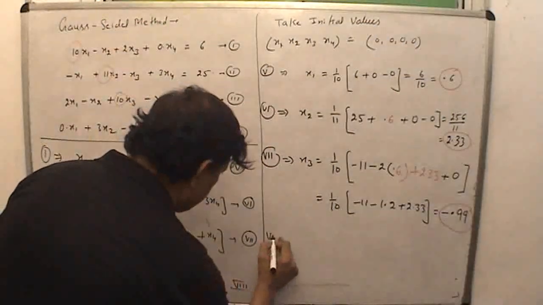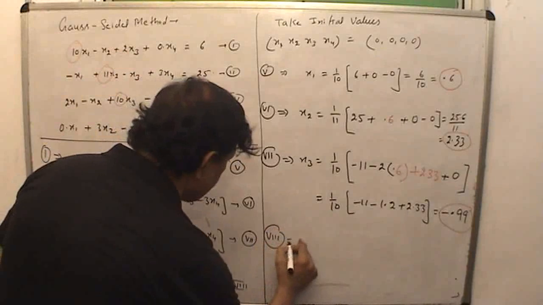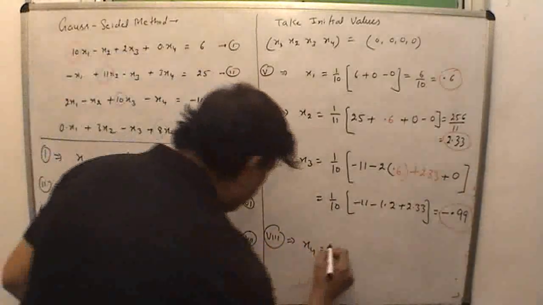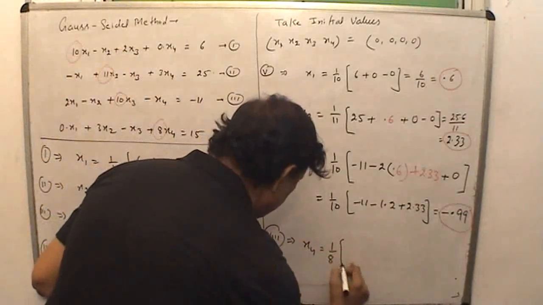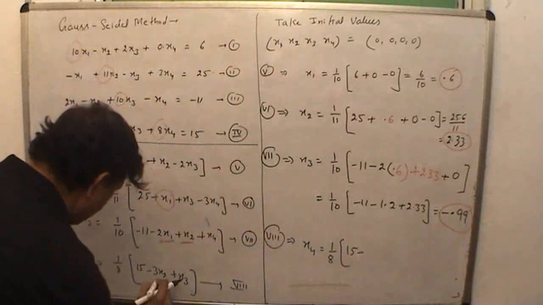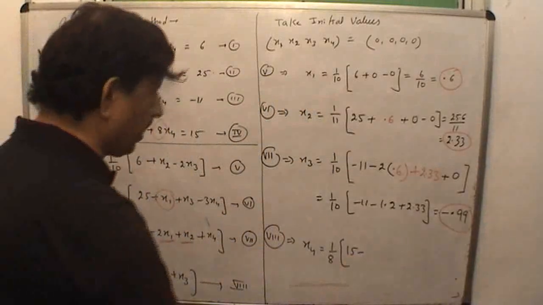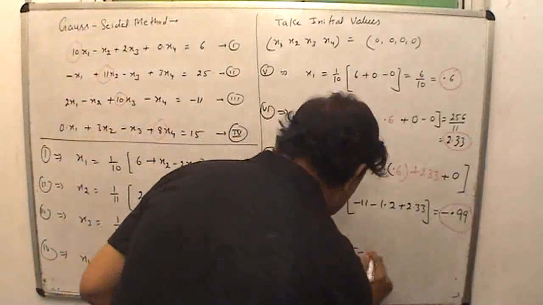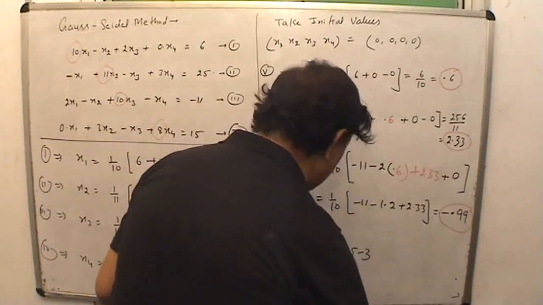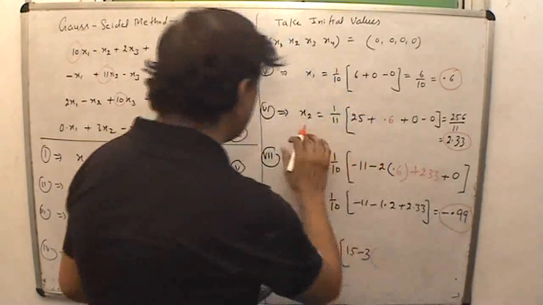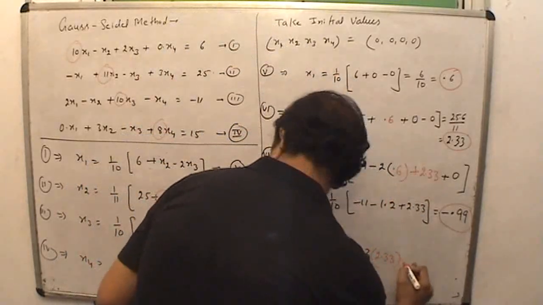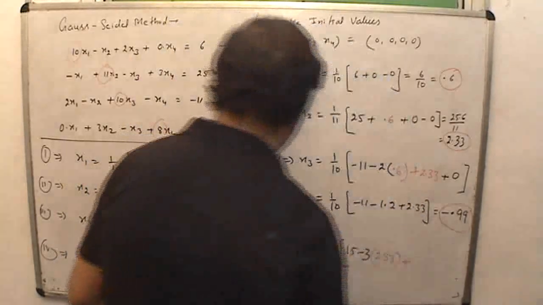Now from the 8th step we get x4 is equal to 1 by 8 into 15 minus 3 times x2. We use the new value of x2 here, that is 2.33, plus x3.